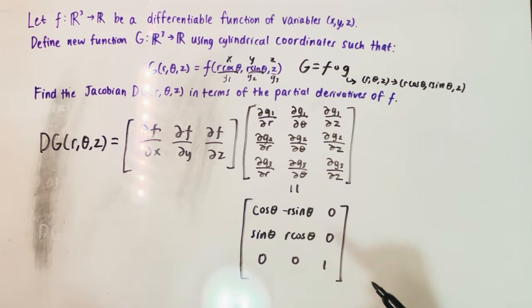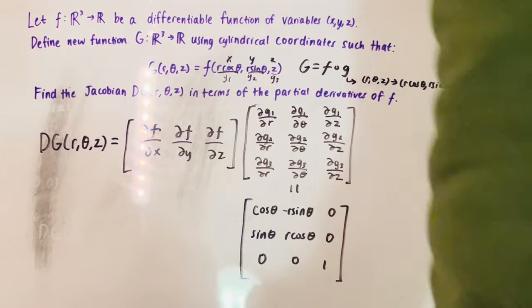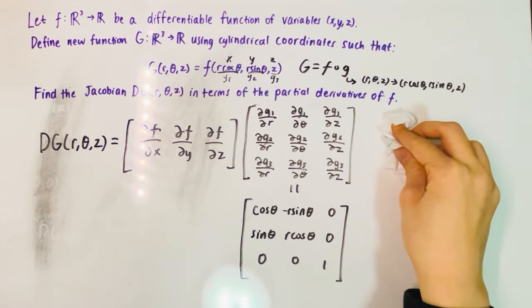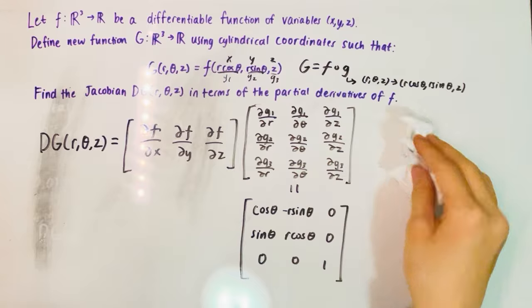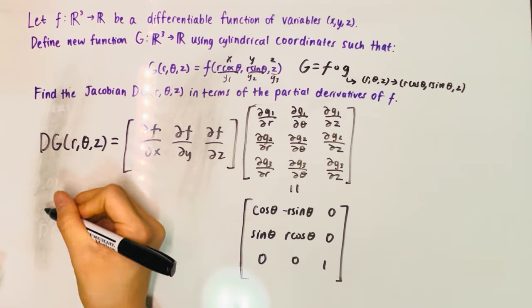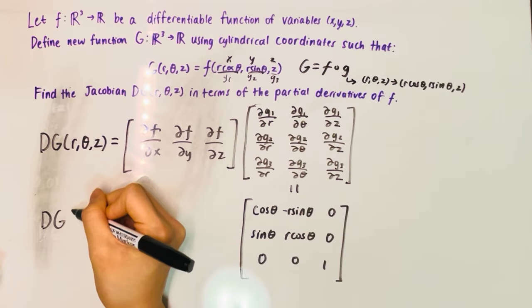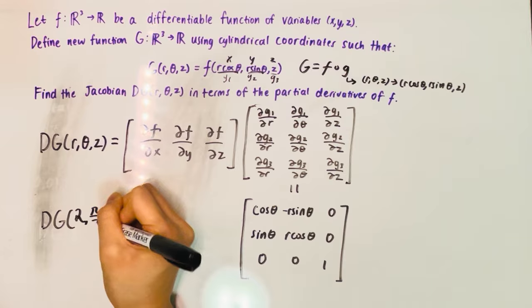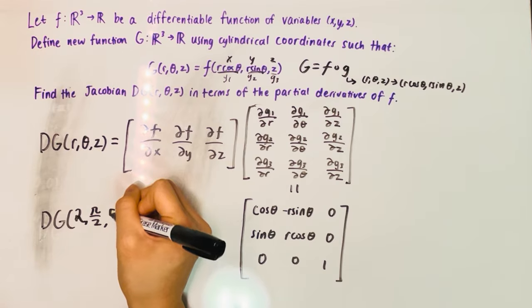And let's make this a little bit more concrete by taking a derivative at a point. So suppose we're trying to find Dg of (2, π/2, 5).